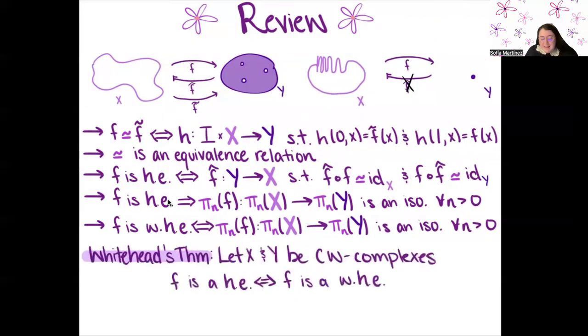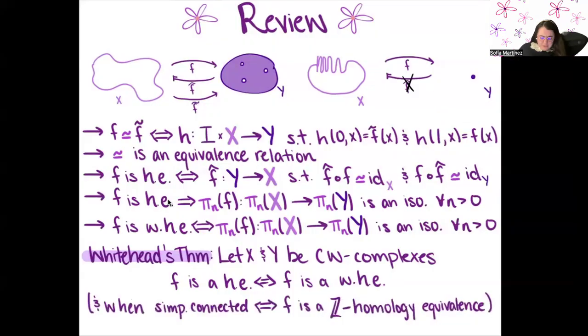In fact, a theorem of Whitehead says if your spaces are CW complexes, right, these are spaces built out of cells, then a map is a homotopy equivalence if and only if it's also a weak homotopy equivalence. Right, so on special objects, the two notions coincide.